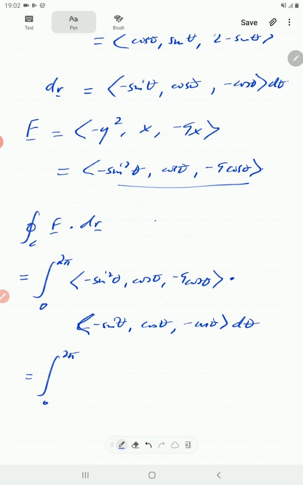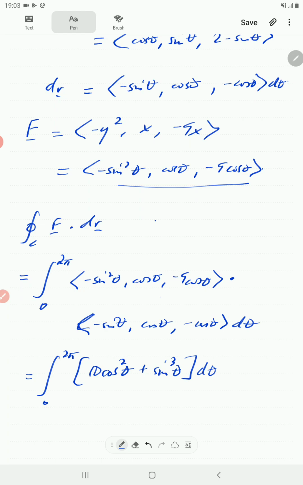This and this is sine cubed, that is going to be cos squared, that is going to be 9 cos squared. So we're going to have 10 cosine squared theta plus sine cubed theta d theta.